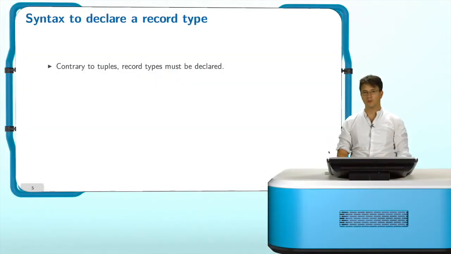So now that we have seen several examples of record construction and observation, let us review the general rules to use them. The first thing is the fact that in exchange to these extra checks that the compiler is doing, you have to declare record types, whereas you don't have to do so when you are using tuple types.